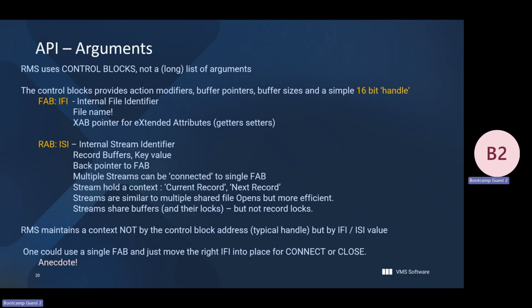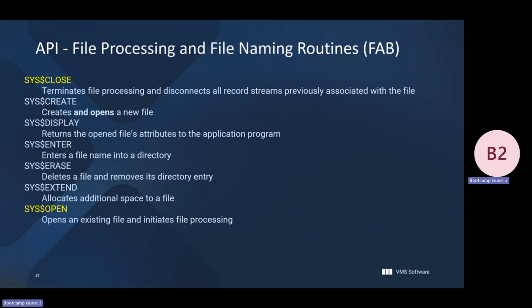We have FABs, file access blocks, and RABs, record access blocks, and those are identified by a little internal handle pointer. The FAB will point onwards to the file name and file processing options. The RABs will point onwards to the key buffers and the record buffers and the timeout counter and all those details. So, how do I do this?